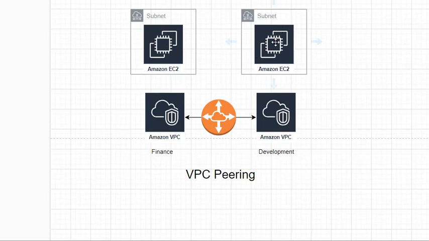To receive the data from here, we need to allow the traffic from here to here. So at instance level, at security group, we need to allow the traffic, and at VPC level, at subnet level, we need to allow the traffic coming through this peering connection from this finance server.